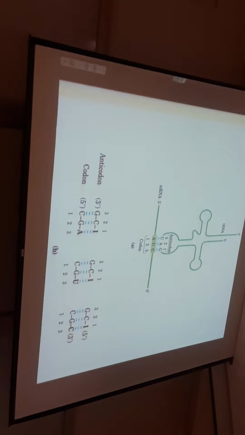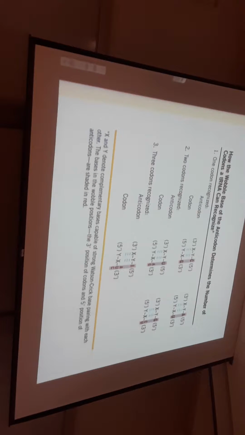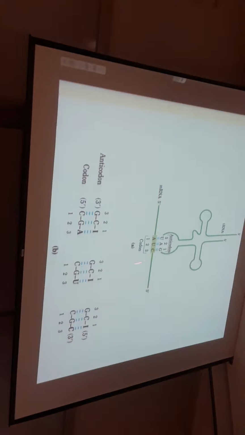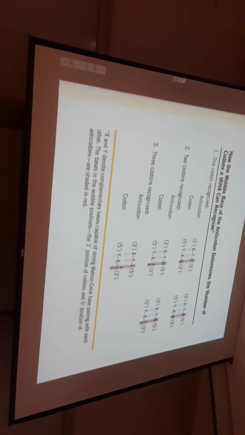Okay, remember the base is hypoxanthine, and we see that this hypoxanthine can actually interact with three different nucleotides, A, U, and C. Okay, so it was recognized by Francis Crick also that we have quite a bit of flexibility in the first position in the anticodon and the third position in the codon respectively, depending in particular on what kind of nucleotide we find there in the anticodon.